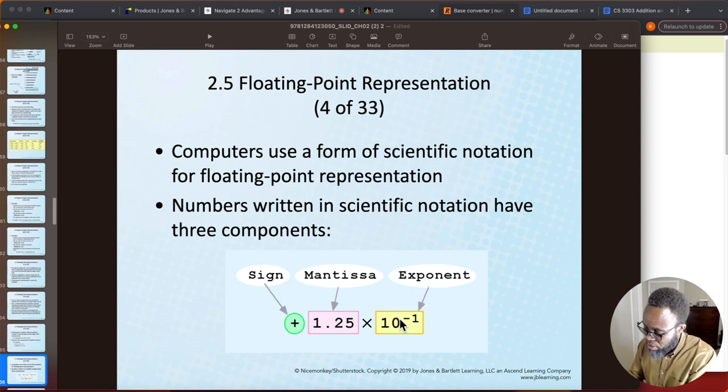We talked about normalization. Normalization is the rule that says the exponent should be represented in a standard way. Let me see here.